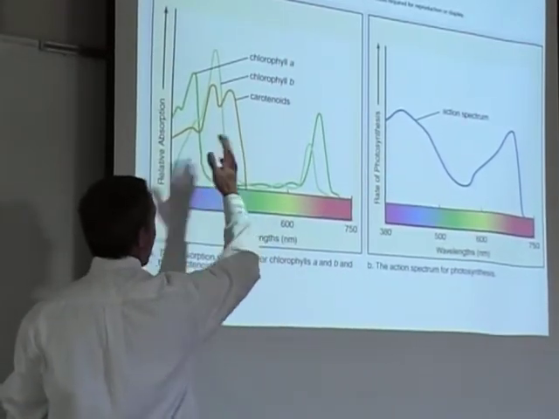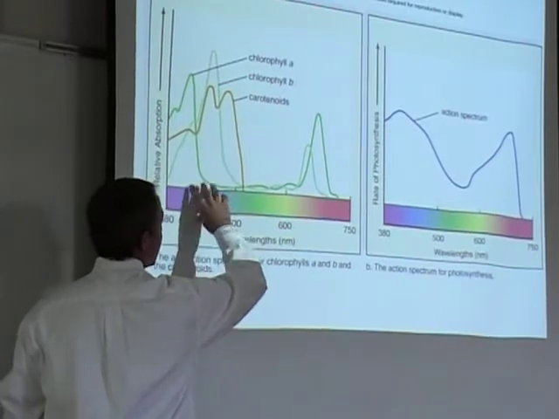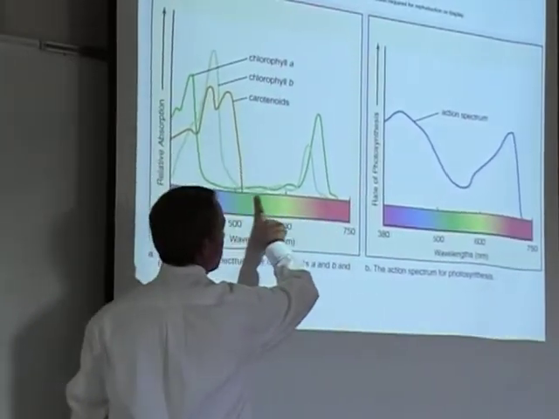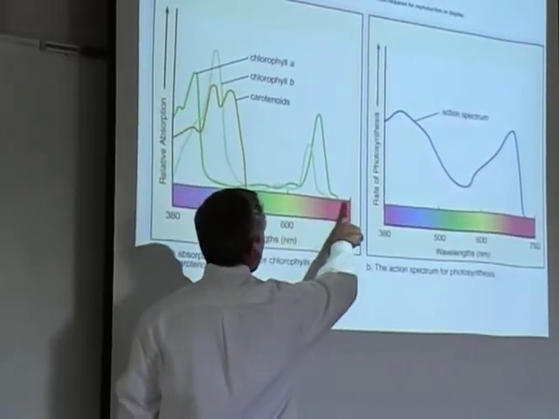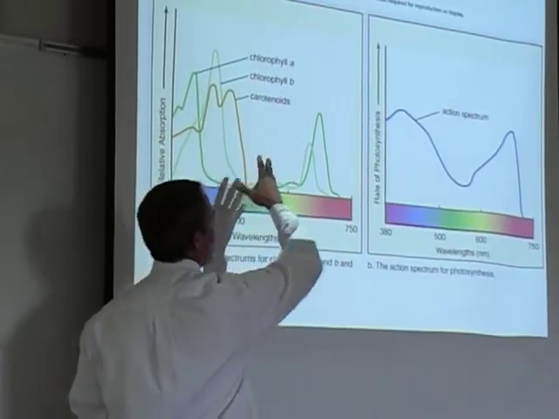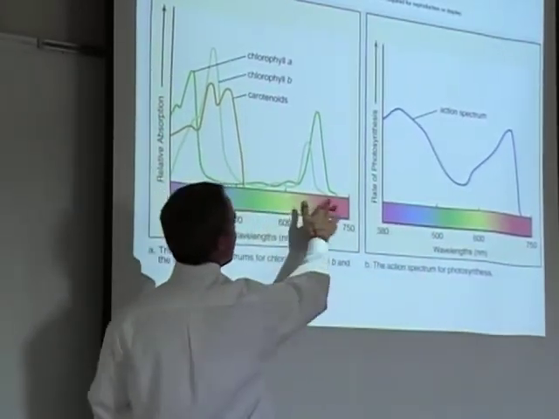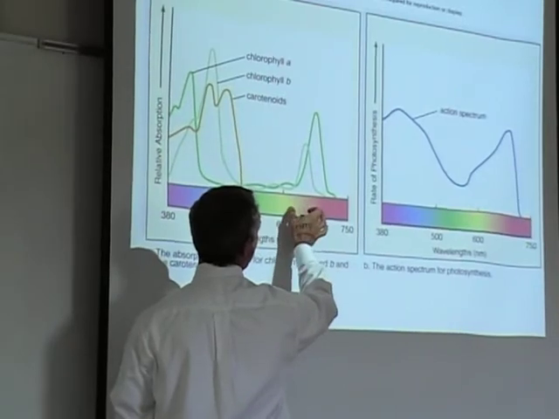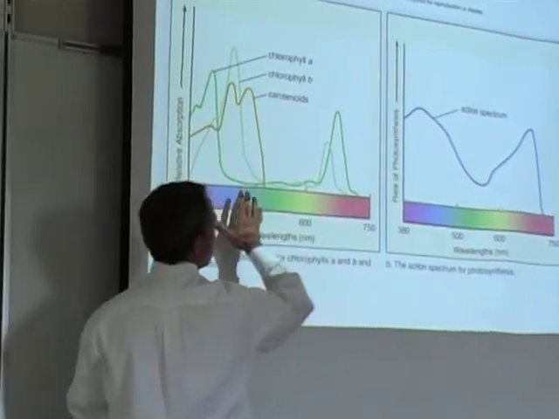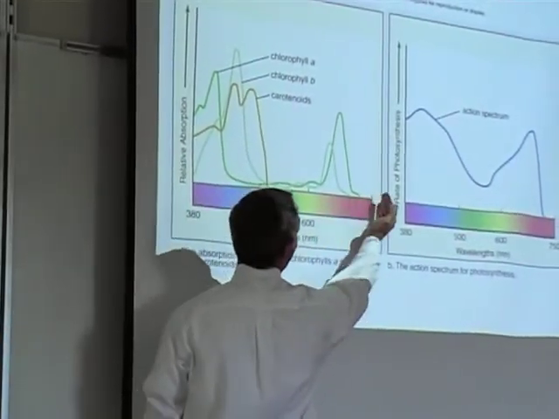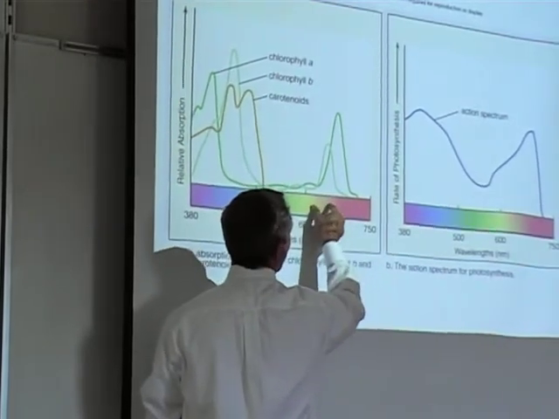So a carotenoid would absorb all this light, and this color of light would bounce off of it. So carotenoids appear to the eye to be kind of orange, because all the blue light is absorbed and all this light is left, and all this light together forms orange.